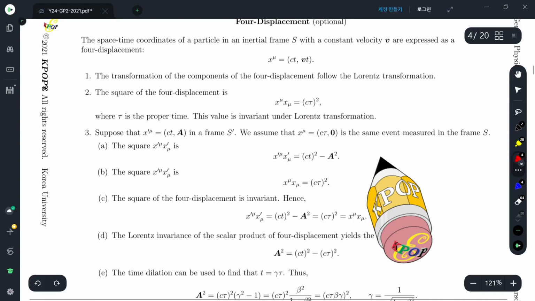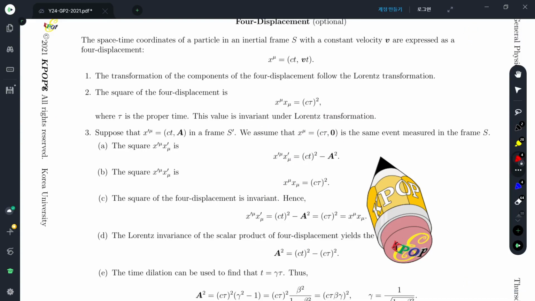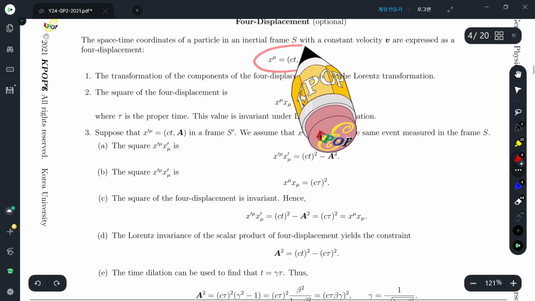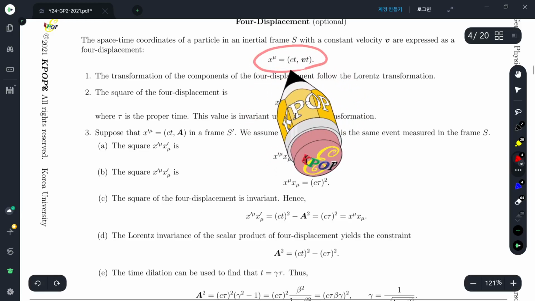Now we know two kinds of 4 vectors. The first one is the 4 displacement.